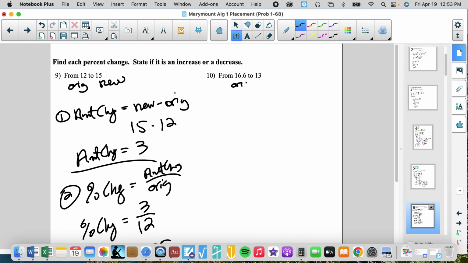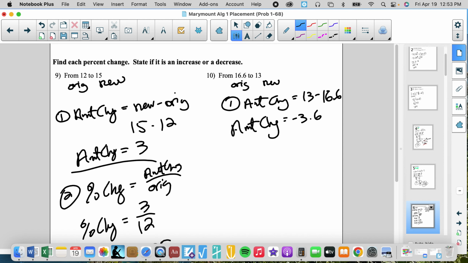This is our original. We start with 16.6 and then we move to 13. So amount of change is going to be new minus original. So our amount of change is going to be negative 3.6.